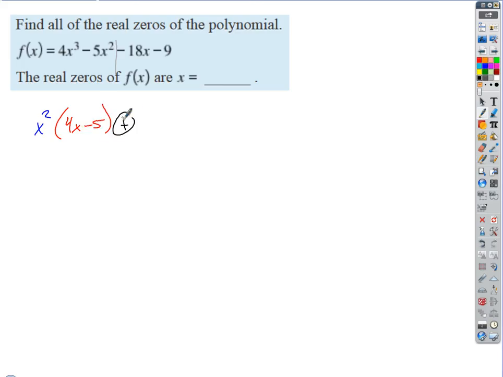Well, there's no way I'm going to get a 4x minus 5 out of that, is there? If I did group the second group, the best I could do would be to say negative 9 times (x plus 2x plus 1). But I can't group that, right? There's no common factor in the groups. So factoring by grouping is a lost cause.